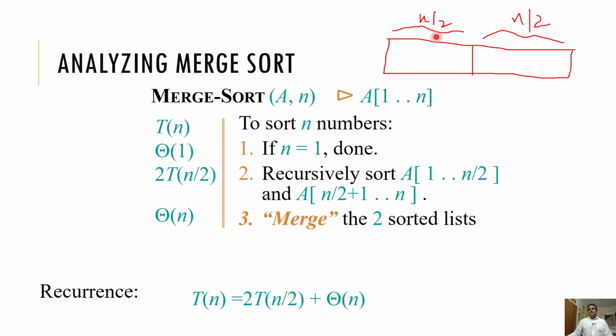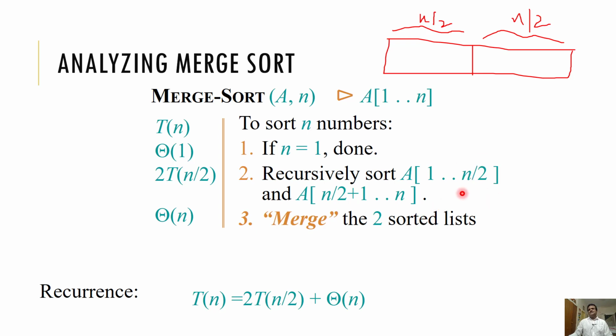So we have to complete this job, and after that we can complete the other job. To complete this job the time is T(n by 2), and then to complete the other job it will be T(n by 2) again. That is why it is 2T(n by 2). So we are calling merge sort two times on these two sub arrays of equal size.